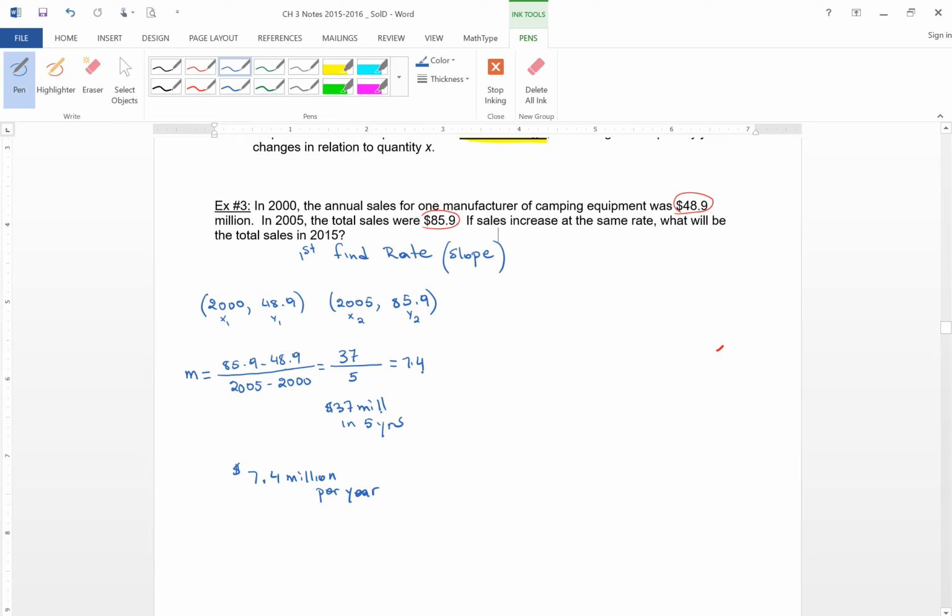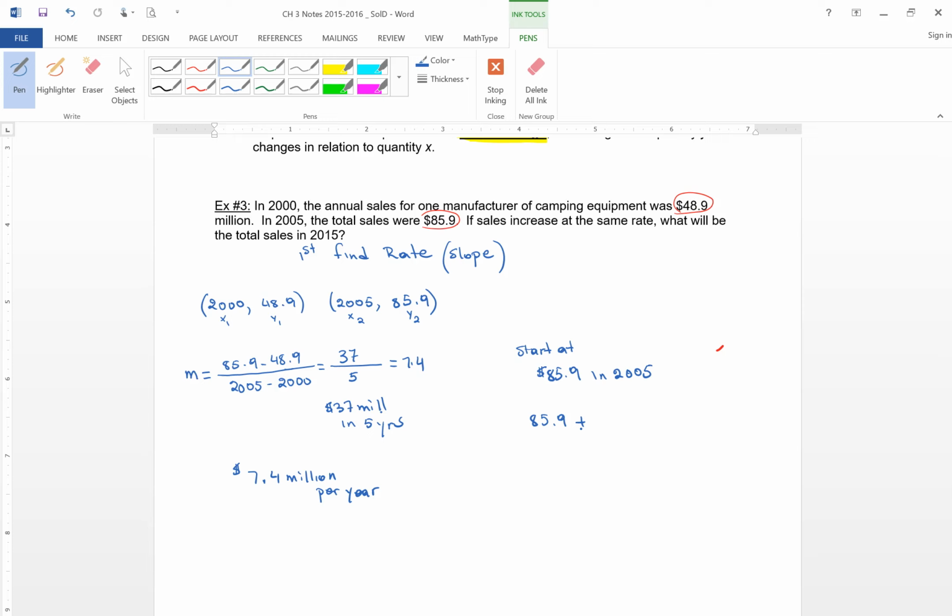Now, we want to know how much we're going to end up with in 2015. Okay? So we start at 85.9 million in 2005. Okay? So, let's write that down. 85.9, that's how much we started with, plus every year we're adding 7.4 million.